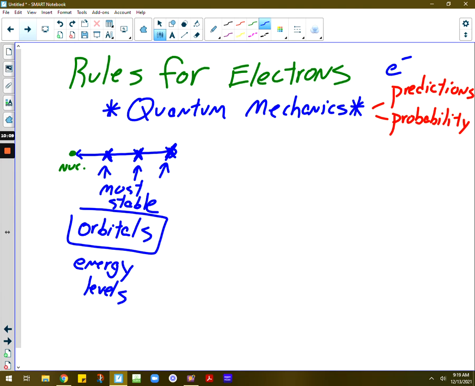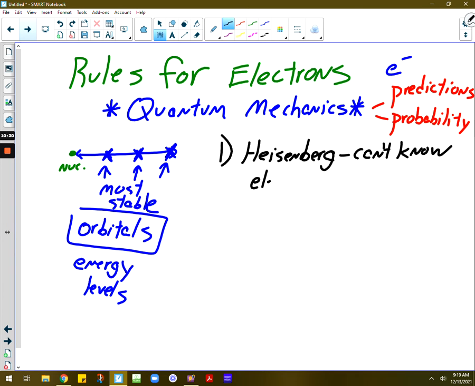So, talking about the rules that helped us understand all this, the first big one has to do with what's called the Heisenberg uncertainty principle. I probably spelled that wrong. Heisenberg says that you can't know an electron's position and velocity at the same time.